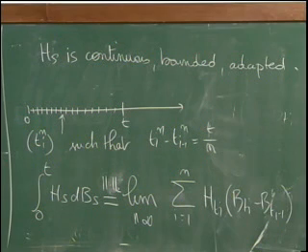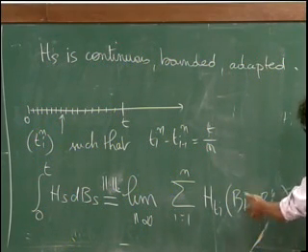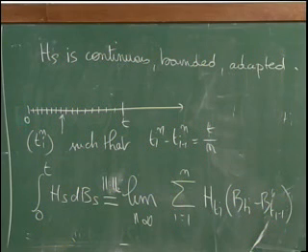Actually, that's just that. Okay? Exactly like a Riemann sum, which approximates your integral. That's the same thing, just that instead of having t_i minus t_{i-1}, you have B_{t_i} minus B_{t_{i-1}}. Okay?